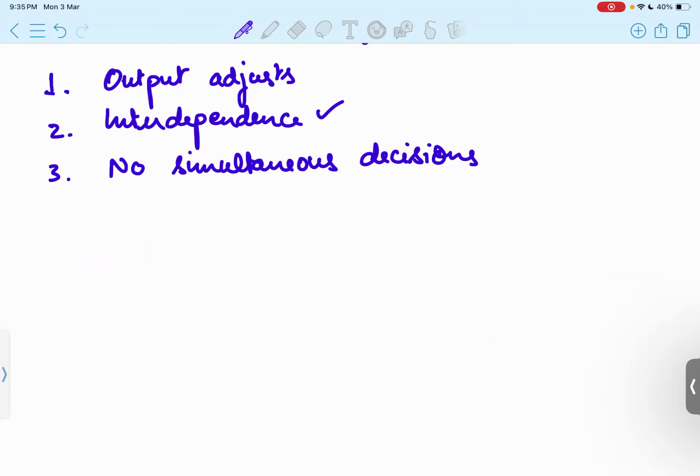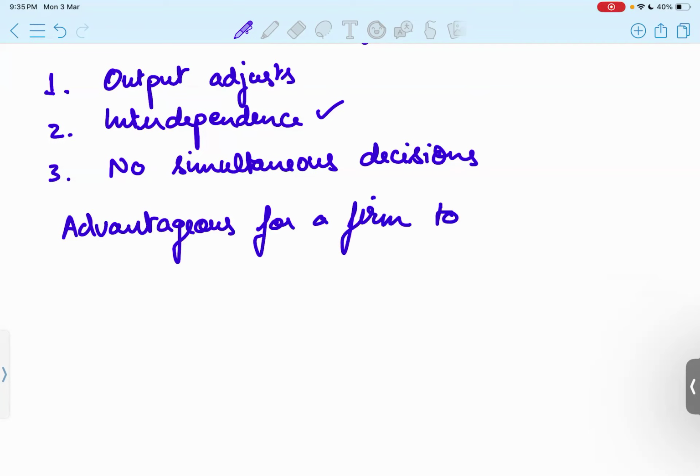So, if we have to say what would be the outcome or the learning from this model, it states that it's advantageous for a firm to be the leader.